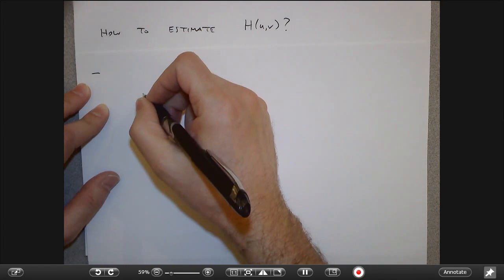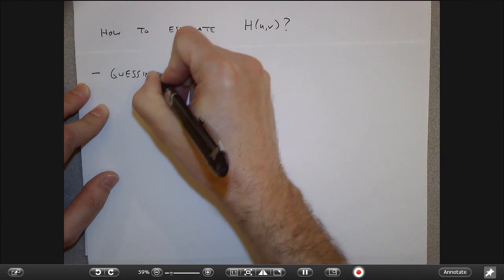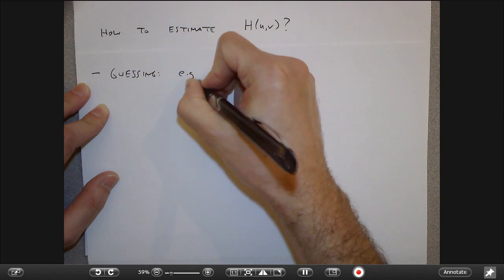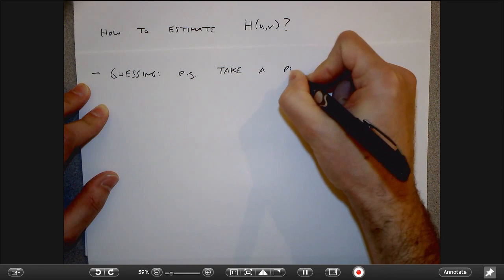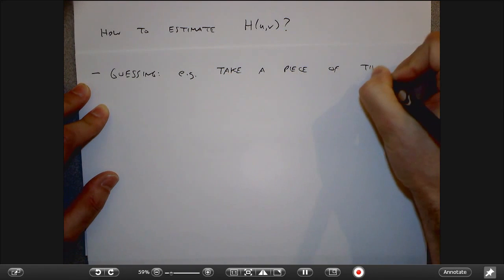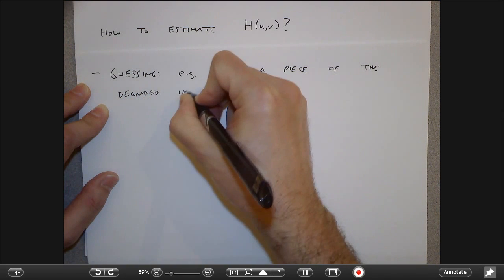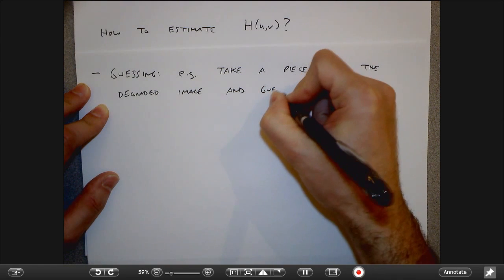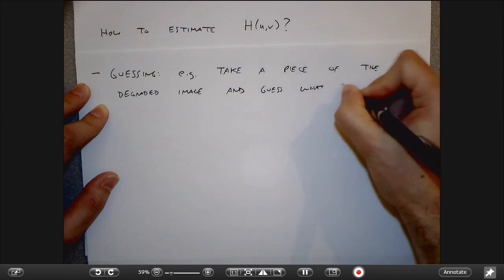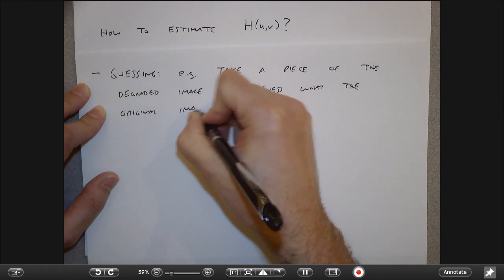So one way is the highly technical way of guessing. For example, take a piece of the degraded image and guess what the original image should have looked like there.